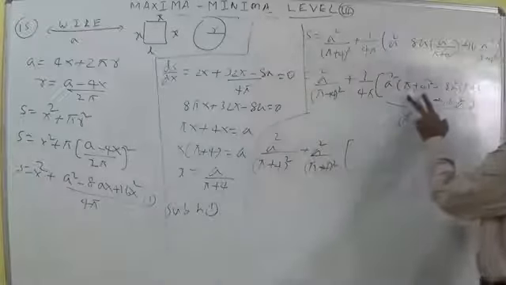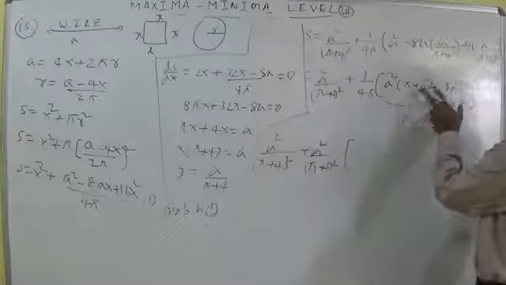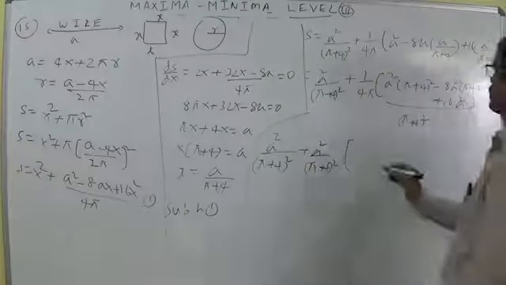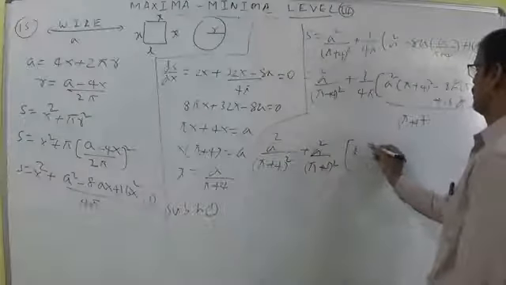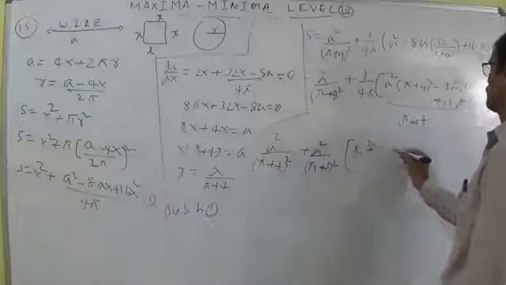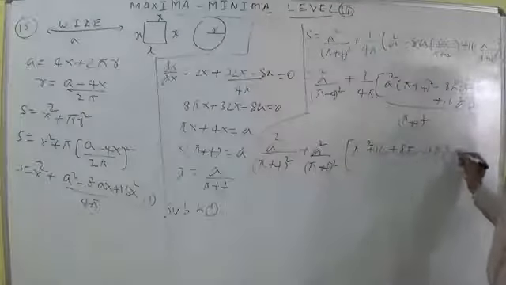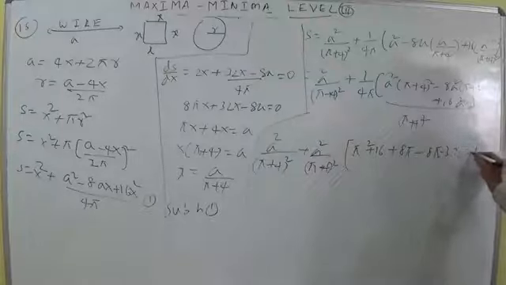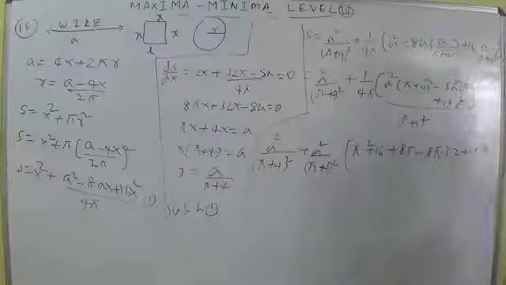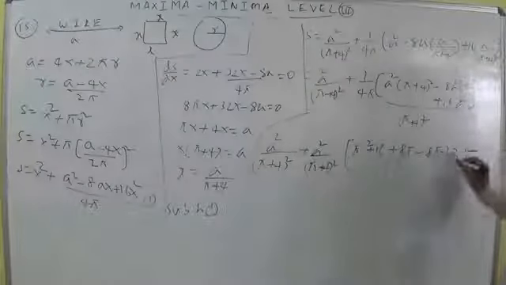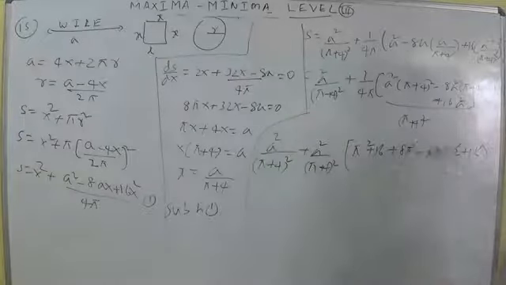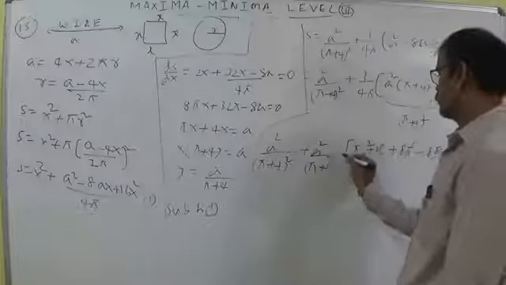So (pi plus 4) whole square minus (pi plus 4). Total a square we have taken common. You can write pi square plus 16 plus 8 pi minus 8 pi minus 32 plus 16. So 32 minus 32 gets cancelled, 8 pi also gets cancelled. Here 4 pi is there.